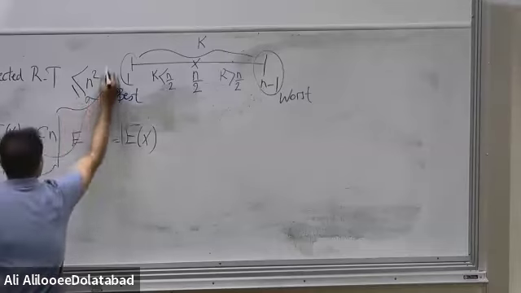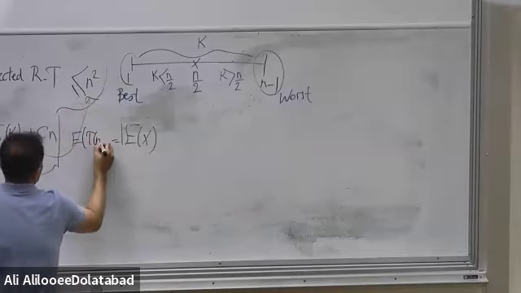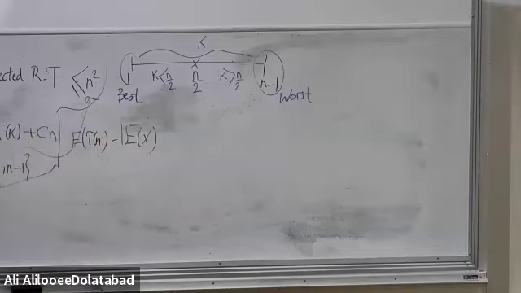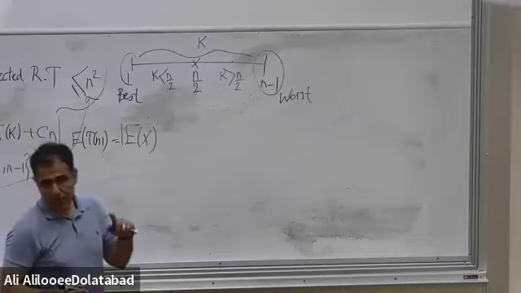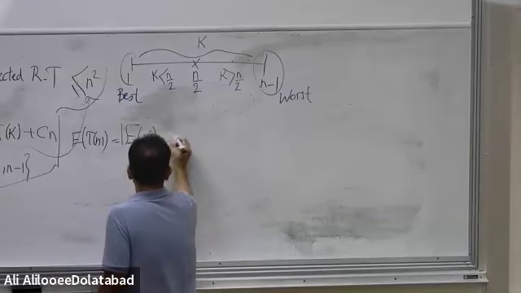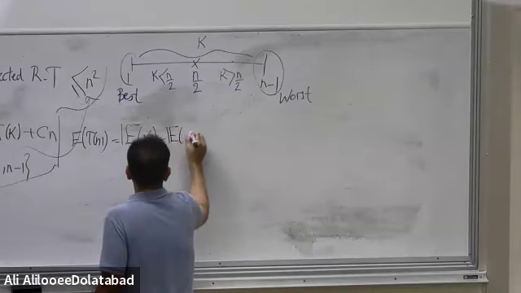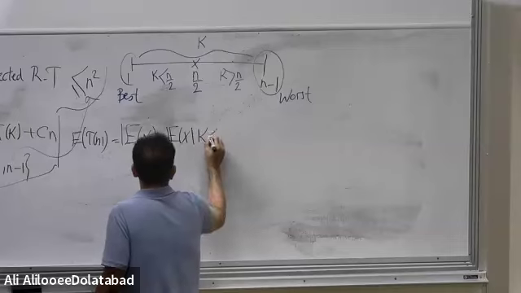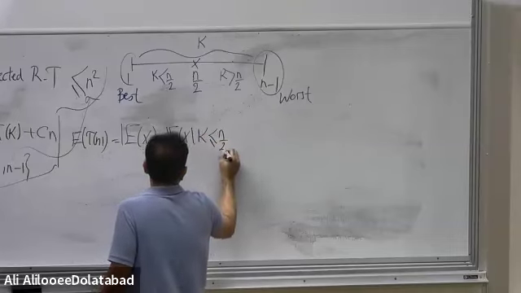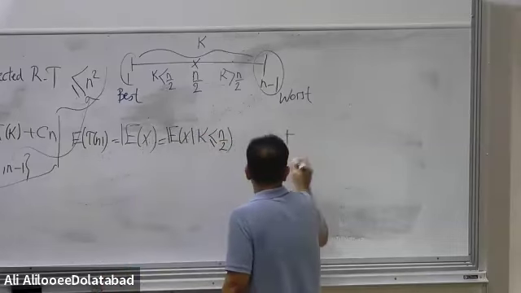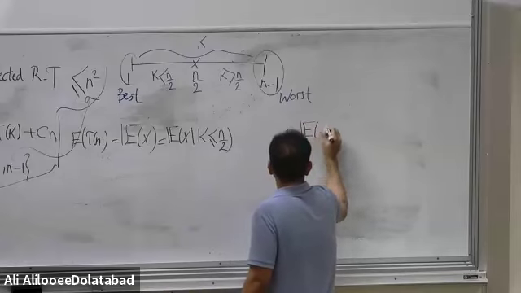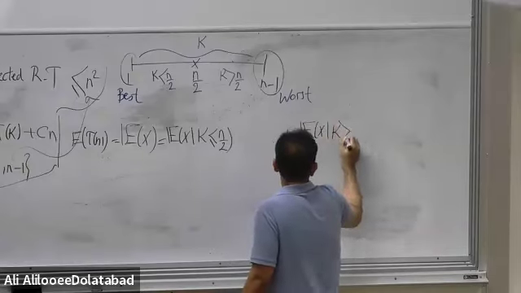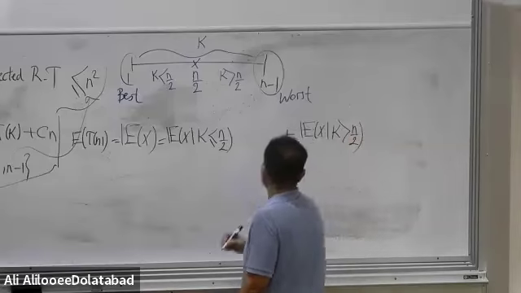We had a formula before that if you want to find the expectation of x, you can say that this expectation equals the expectation of x when k is less than or equal to n over 2, plus the expectation of x when k is bigger than n over 2.